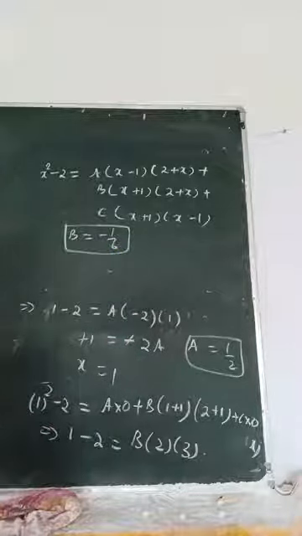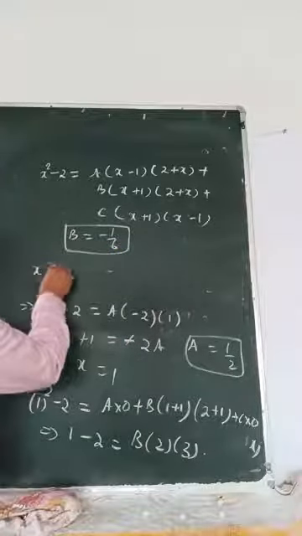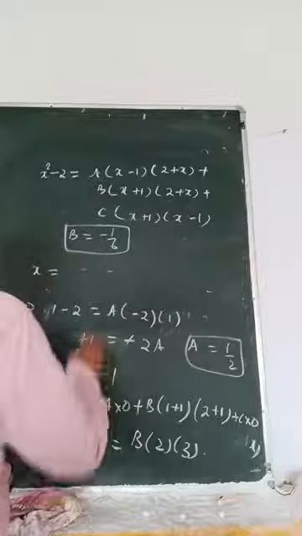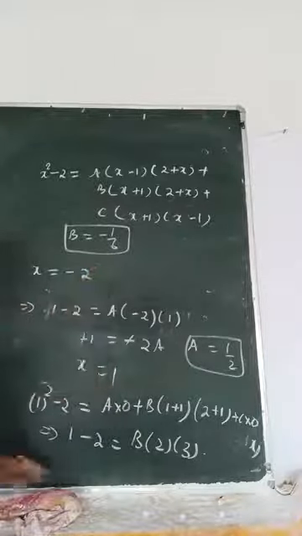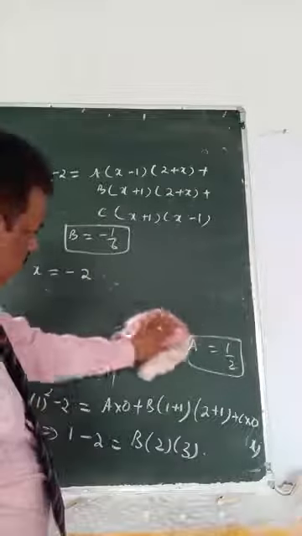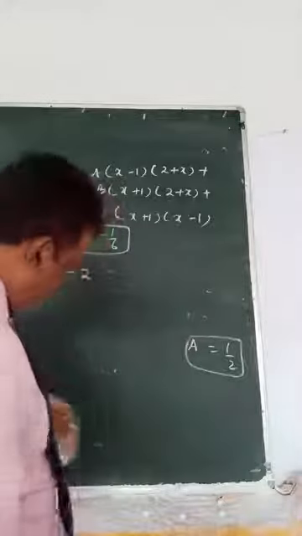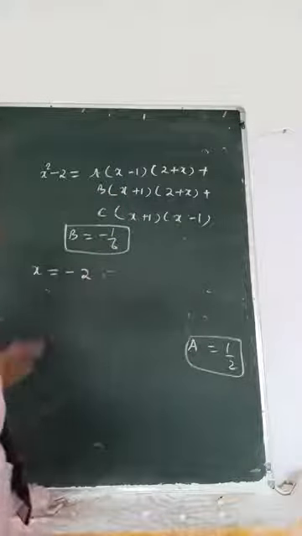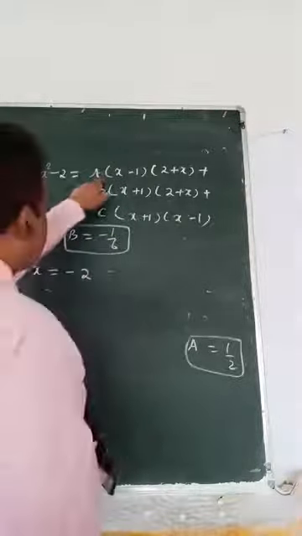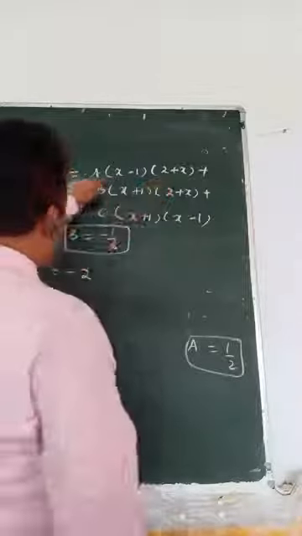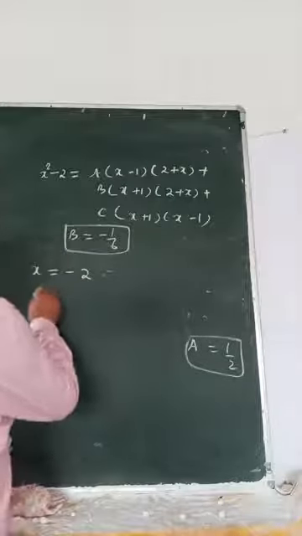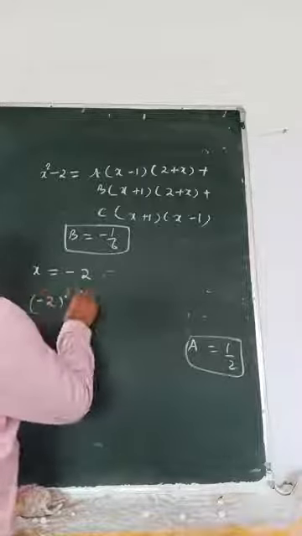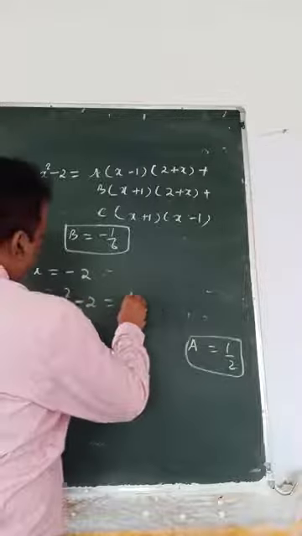Okay, then put x equals to how much? Minus 2. Put minus 2, so you will get (-2)² - 2 equals A into 0.